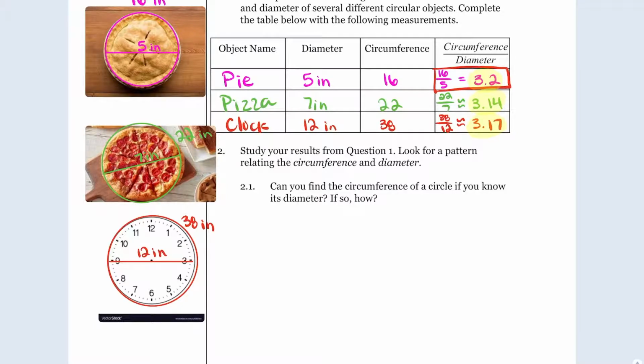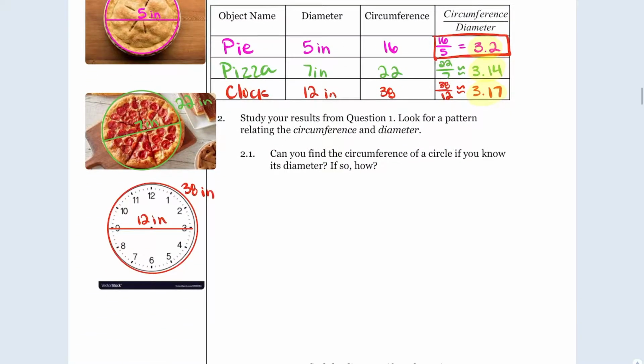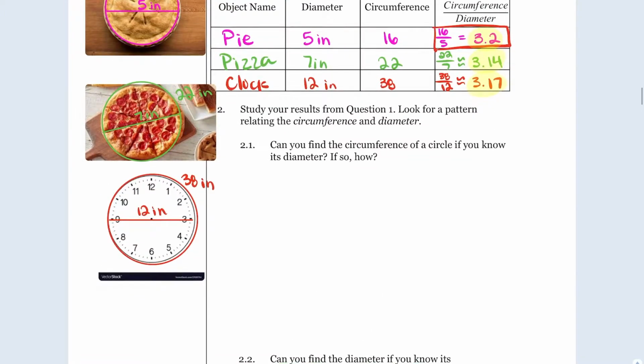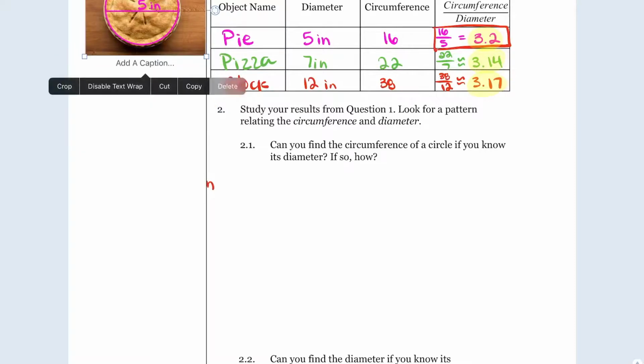You might have noticed that when we divide, where can I write this? Okay, hopefully you guys didn't draw these because I'm going to get rid of them so I can write stuff down.